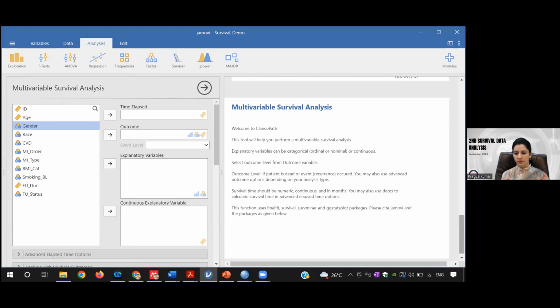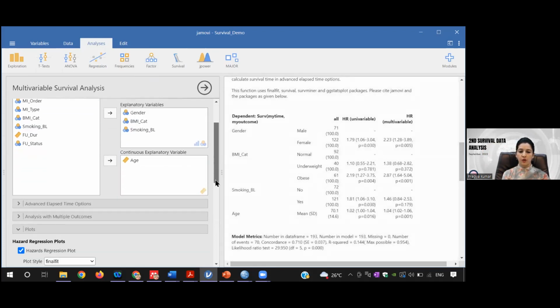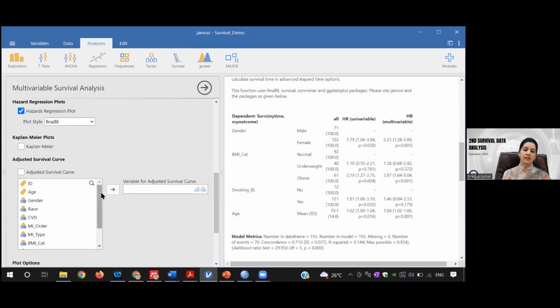Okay, this will open a new one. If you double click this window, the previous operations will become available. So, the adjusted overall survival curve. I have not seen its use. The first thing is that you can only enter a categorical variable here.